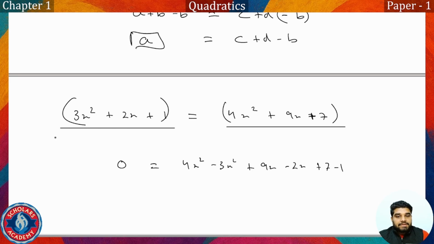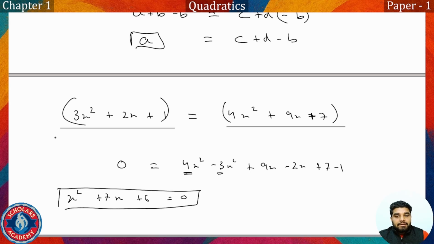So I can also write it as 4x squared minus 3x squared, variables are the same, just working on the coefficients. 4 minus 3 is x squared. 9x minus 2x, 9 minus 2 plus 7x, 7 minus 1 plus 6 is equal to 0. All right, so this is what we are getting.